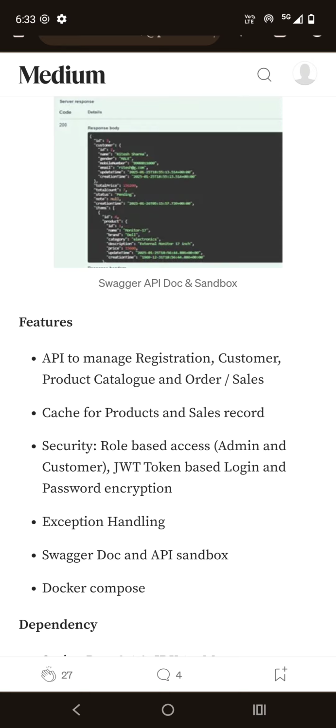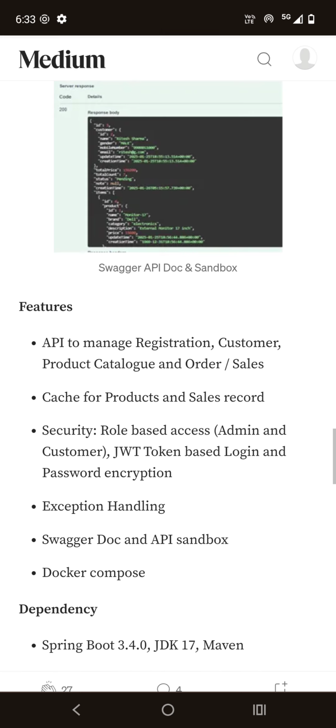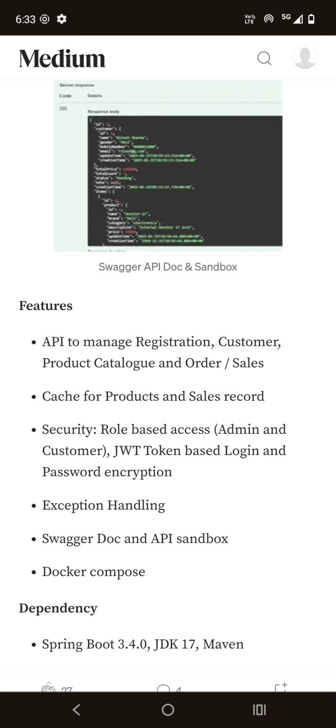For example, take customer details like customer name, age and location details. You can actually store them in cache if you want to. They are not sensitive details, they are not very confidential.